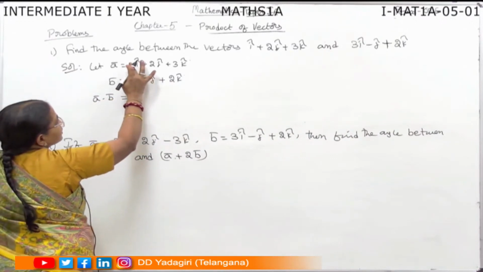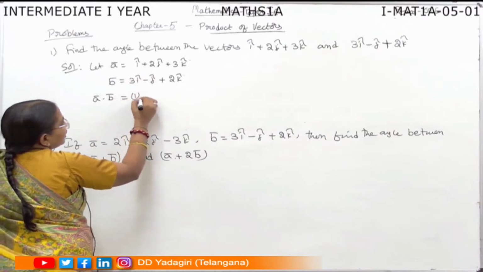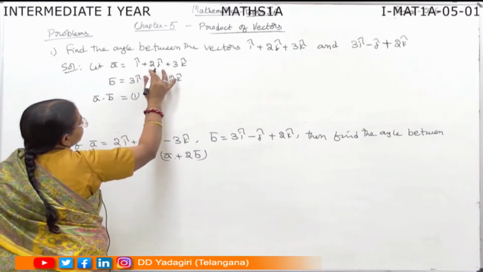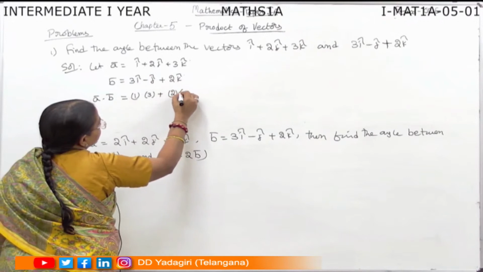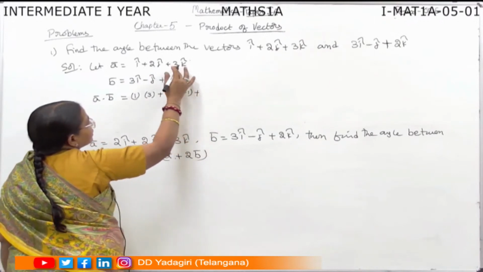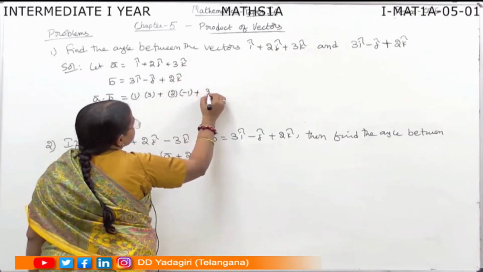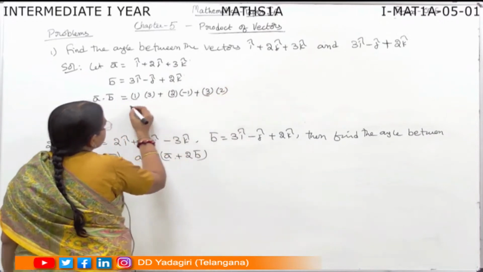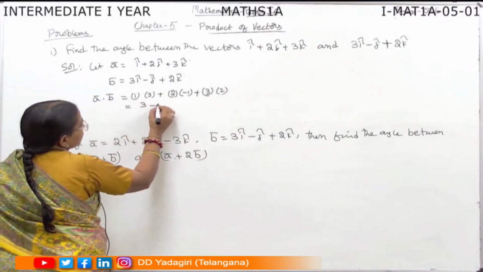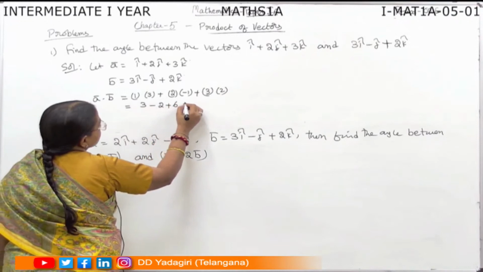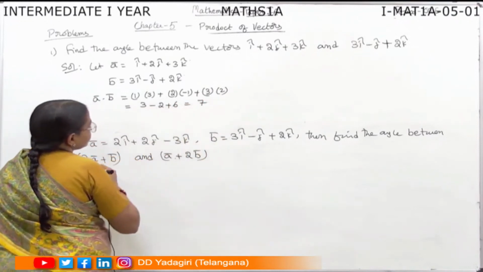A dot B means A1 B1, so 1 into 3, plus A2 B2, so 2 into minus 1, plus A3 B3, so 3 into 2. When you simplify it, it is 3 minus 2 plus 6. That is 7.